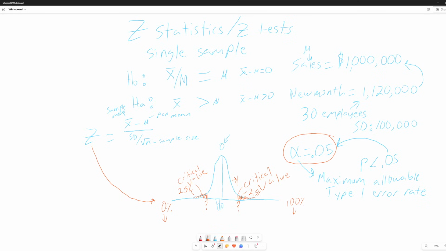Well, between 0 and this line right here is 2.5% of the data. And so this line corresponds to a z that is at the 2.5th percentile. And this line over here on the right side corresponds to a z that is at the 97.5th percentile.